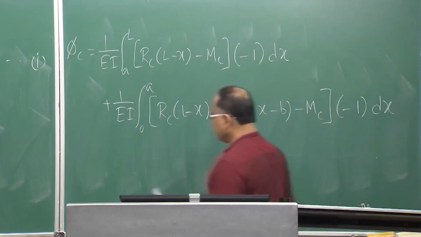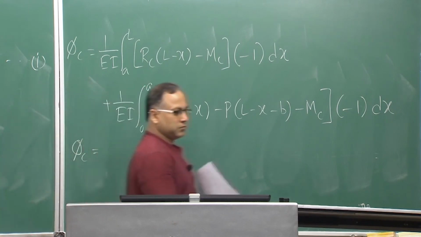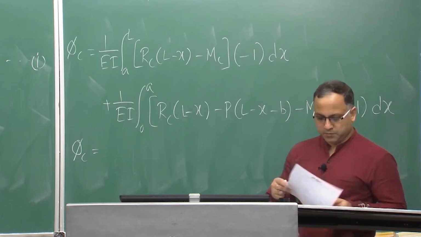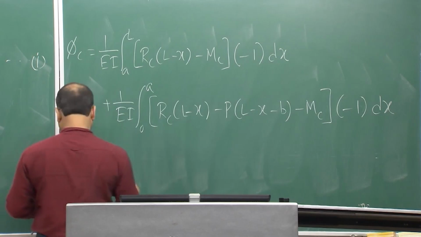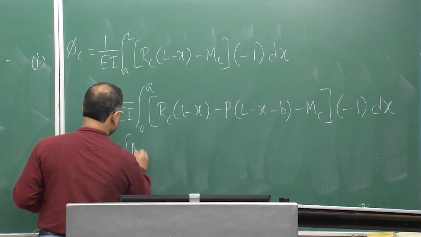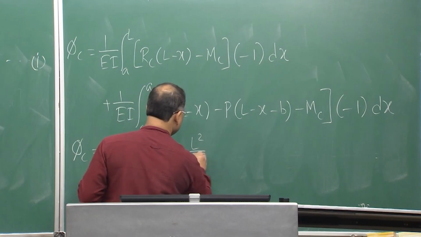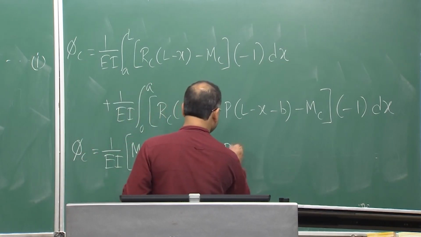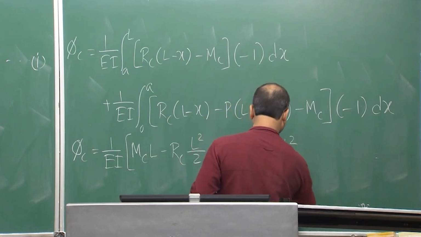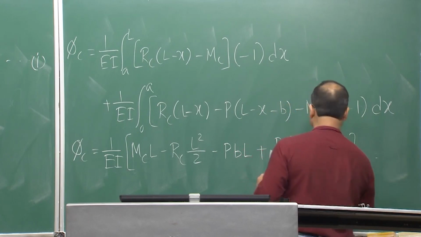So, if you perform this integration, you will be getting phi C equal to 1 by EI, (MC into L minus RC into L square by 2 minus PBL plus PL square by 2 plus PB square by 2).